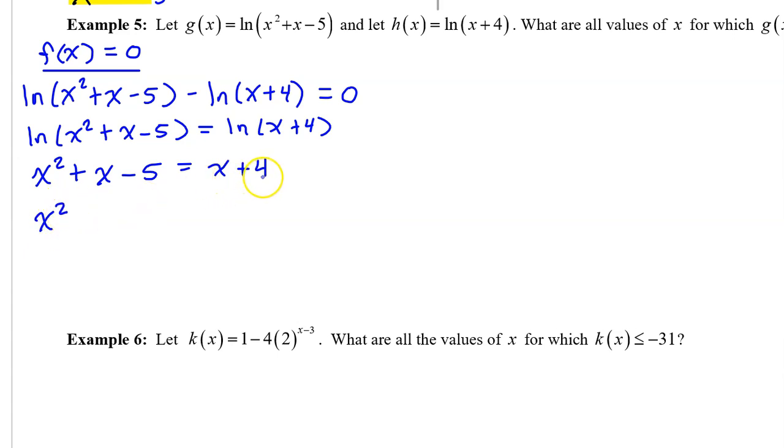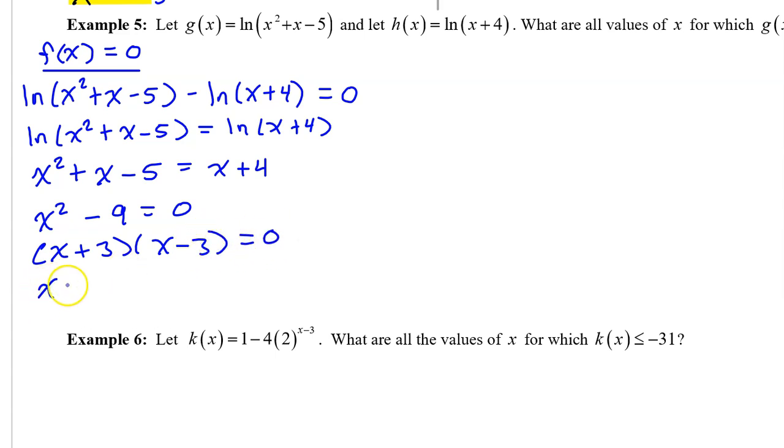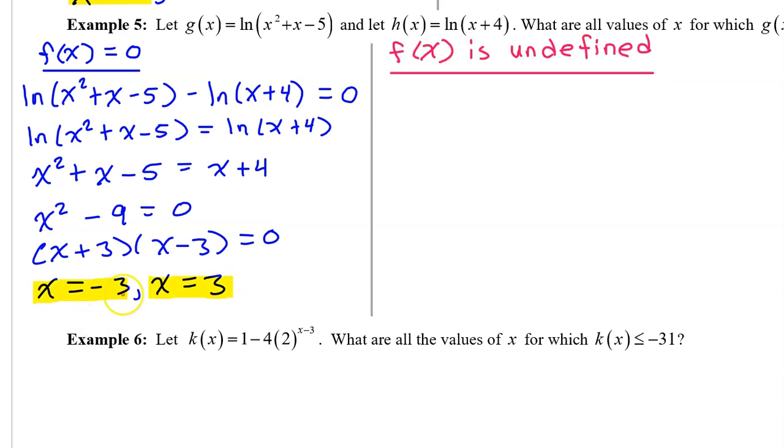Then subtracting 4 from both sides gives us x squared minus 9 is equal to 0. This is factorable as x plus 3 times x minus 3, which gives us x is equal to negative 3 and x is equal to positive 3. These two values will go on the sign chart later.